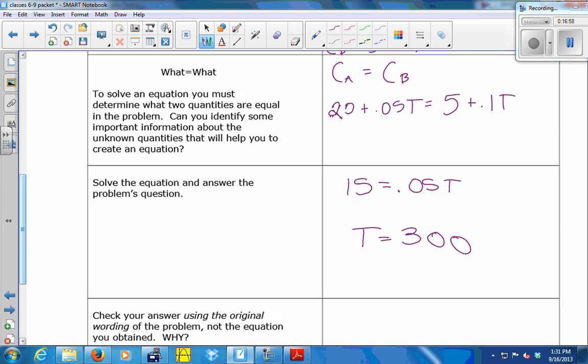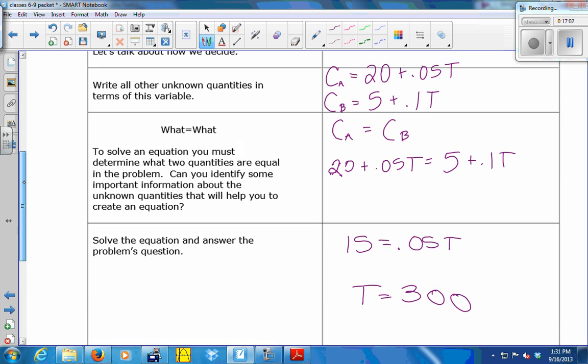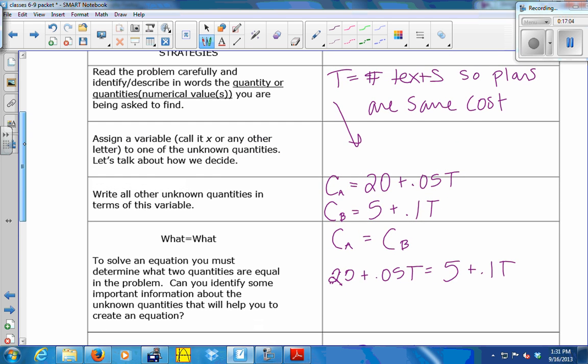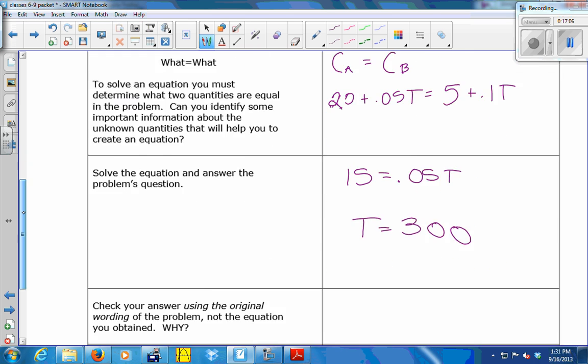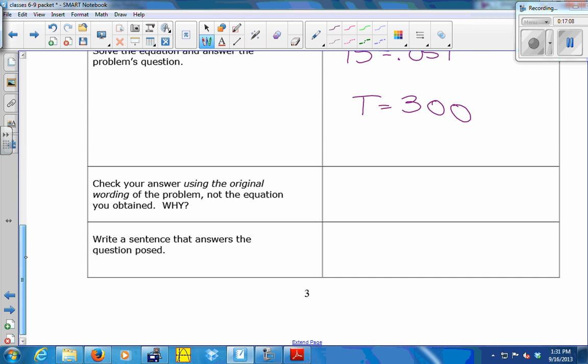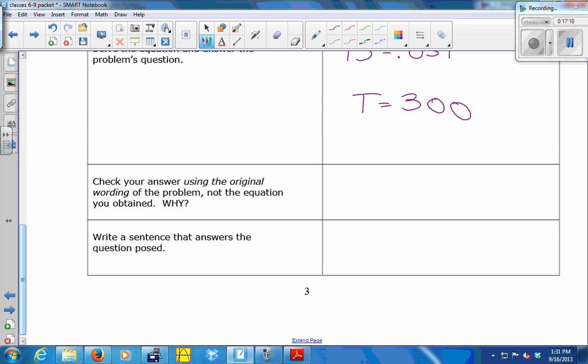Now, if we forgot, we should go back and remember what t represents, right? T is the number of texts. So write a sentence that answers the question. For 300 texts, the plans cost the same amount.